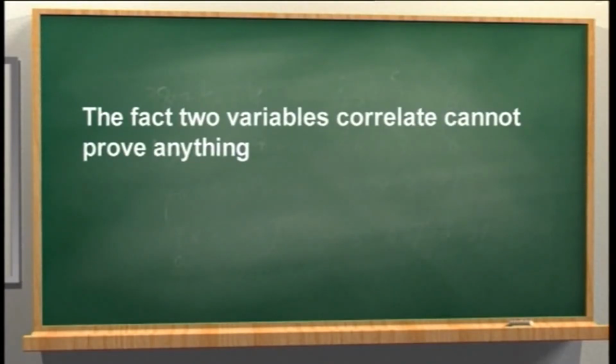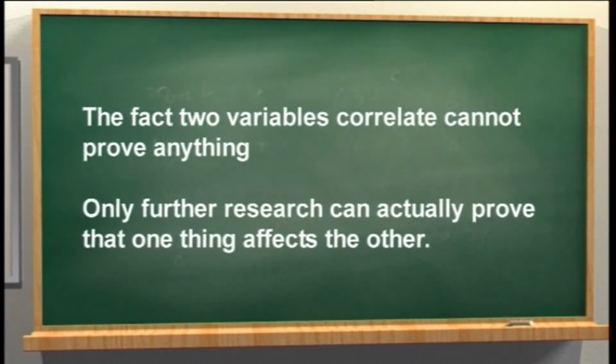The reliability of your sample can be stated in terms of how many researchers completing the same study as yours would obtain the same results: 95 out of 100. The fact two variables correlate cannot prove anything. Only further research can actually prove that one thing affects the other.